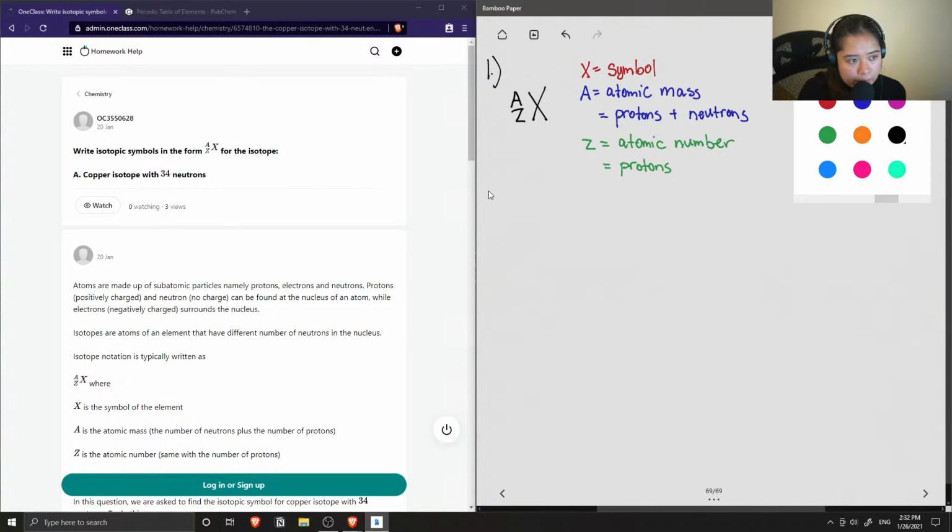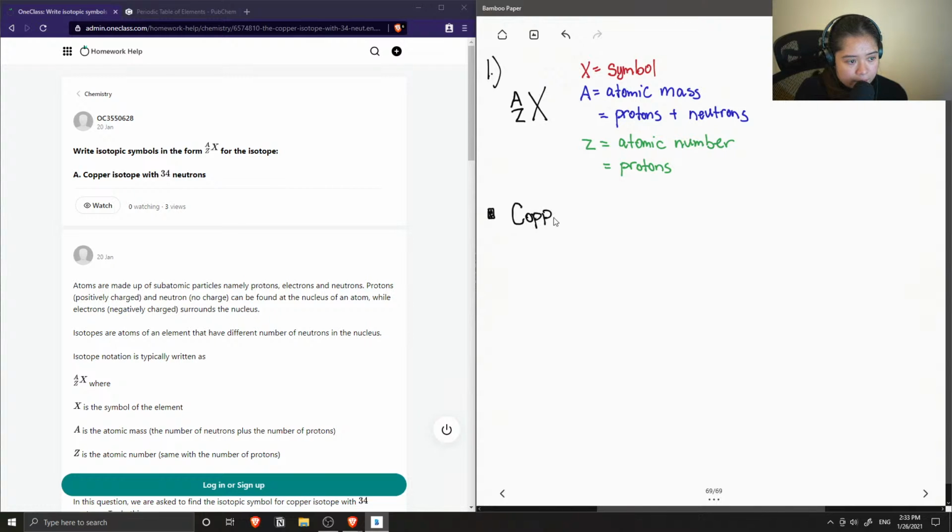Okay, so now that we defined everything for this form, let's start off by answering our question. So we have a copper isotope with 34 neutrons.